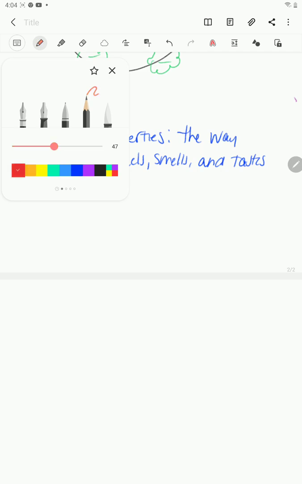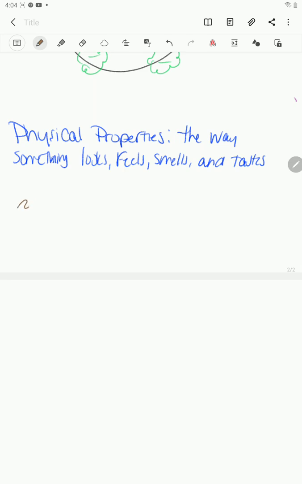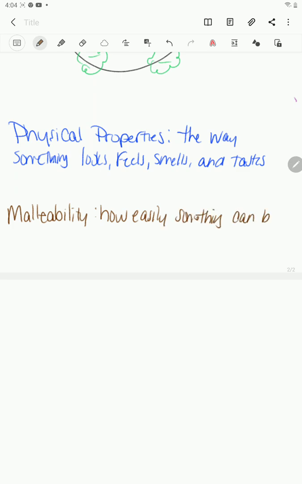And let's change colors here. So let's talk about malleability. Crazy word, right? Malleability. This is how easily something can be flattened, shaped, or pressed.